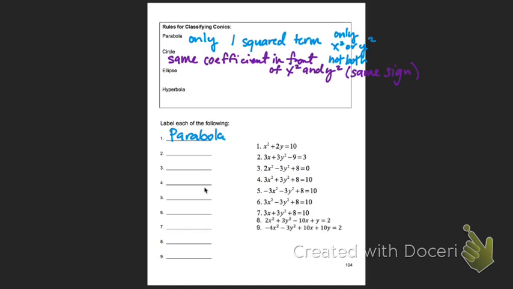An ellipse has to be the same sign, but a different number, different coefficient. And then a hyperbola is going to be different signs.